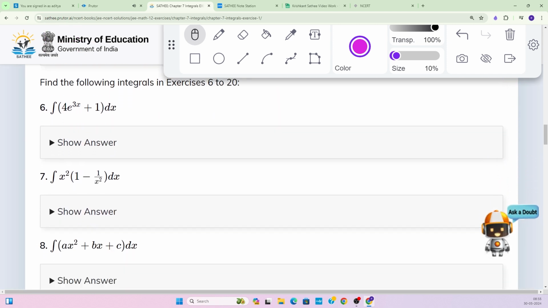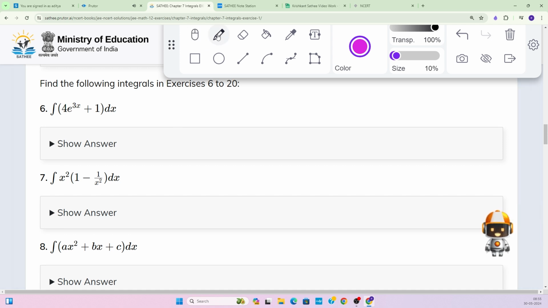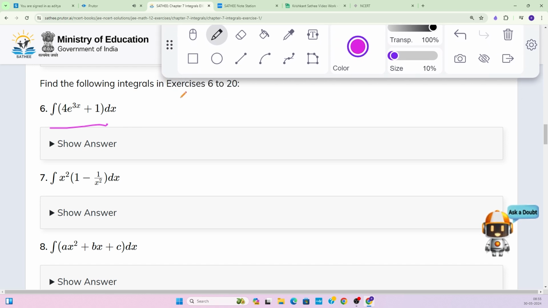Now we have to evaluate integrals. Just quick. We will be using the result that the integration of (a + b) dx can be rewritten as integration of a dx plus integration of b dx, where a and b are both expressions in terms of x.